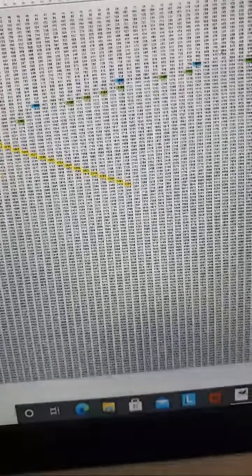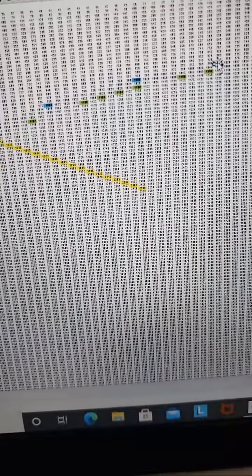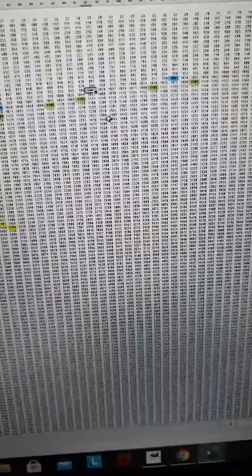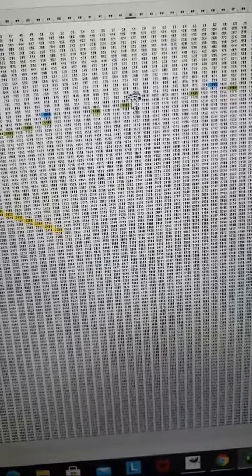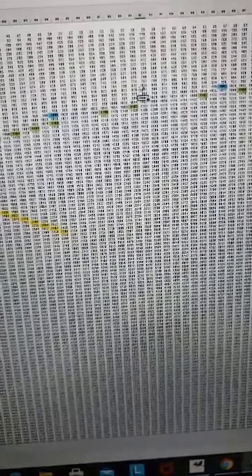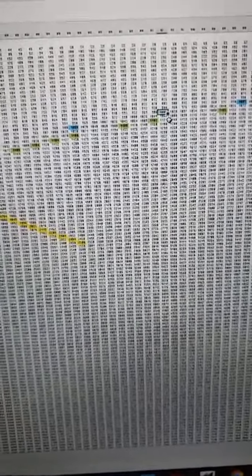What do these dots represent? They represent... I've only got 30 seconds left. I'll do this tomorrow. They represent composites.